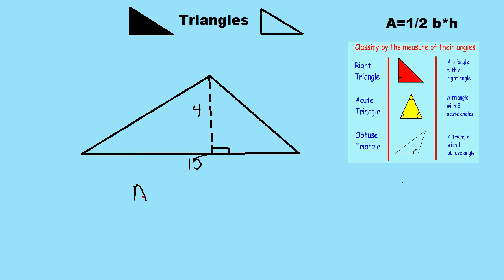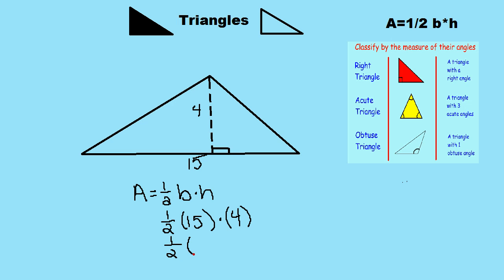Okay, so let's write our formula here. Area is equal to 1/2 base times height, and when we fill that in, it's 1/2 times 15 times 4. So we'll do this one at a time.